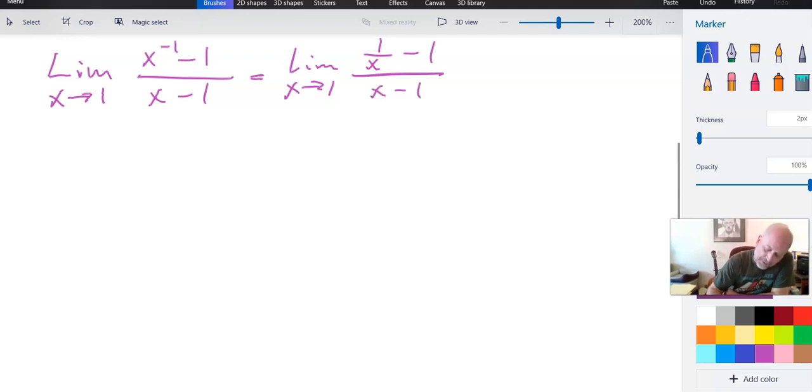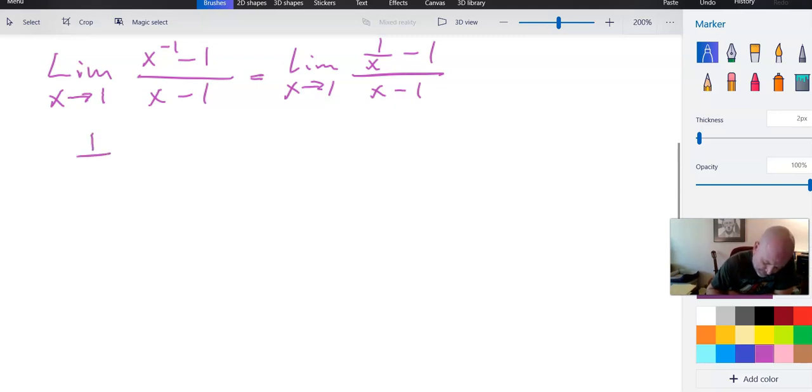Okay, so I'm just going to pull this expression out over here, and we're going to play with it. Because you notice when I plug in 1 here, the denominator is 0, and I get 1 minus 1. So the numerator is also 0. So this discontinuity should be removable. So let's see if it is.